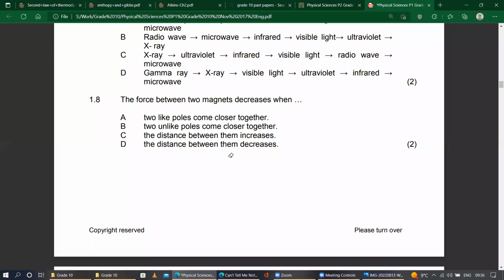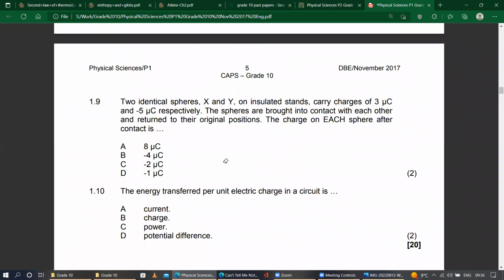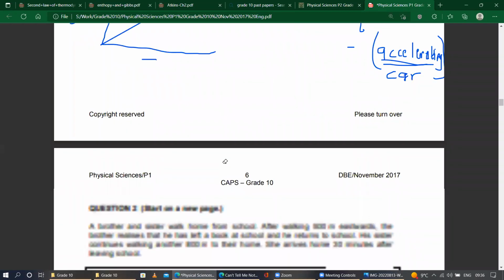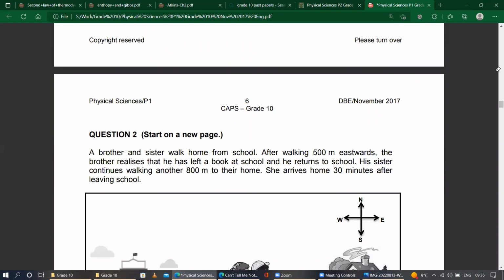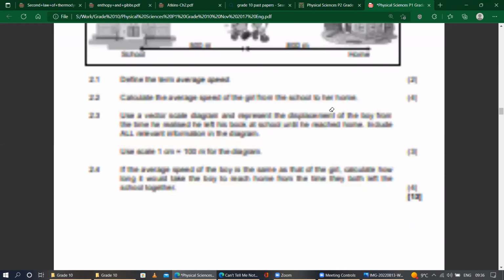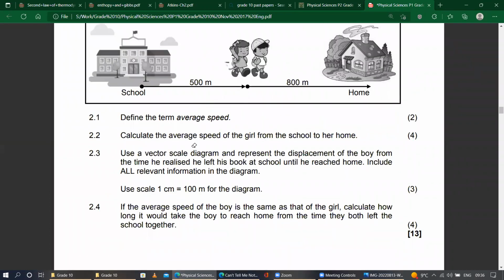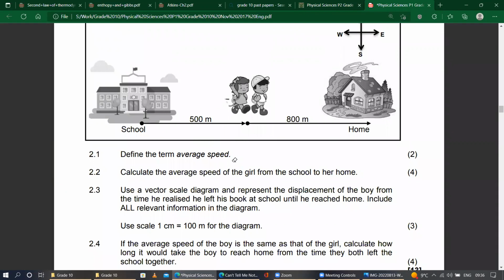Can't you find an example that I can do for velocity and acceleration? That's what I'm trying to do, find an example in this question paper. I think this is right because they're asking for average speed and all those things.